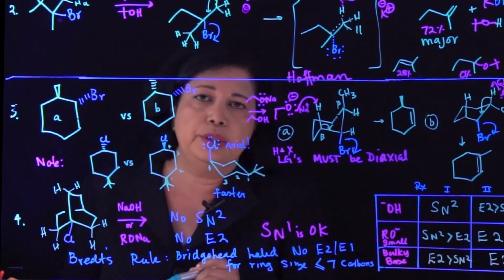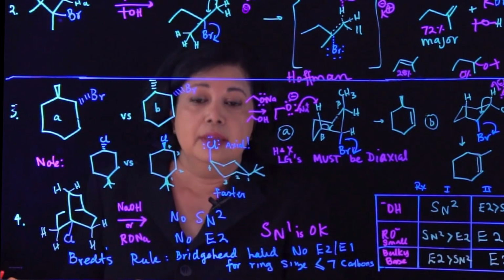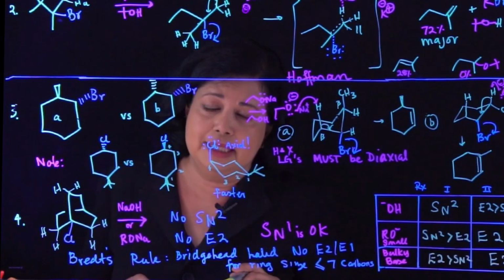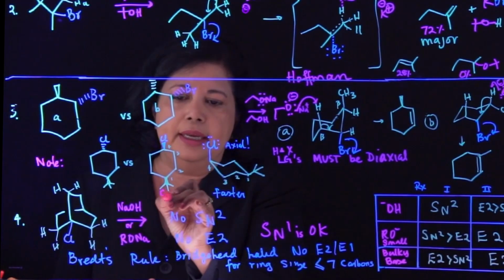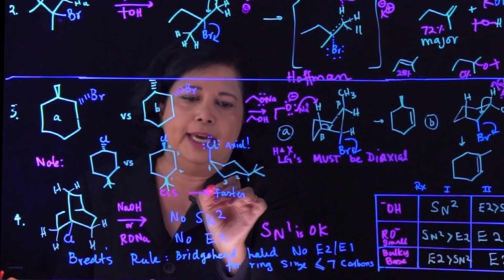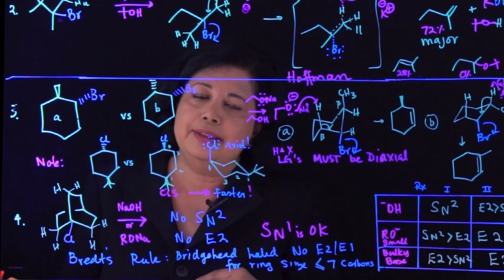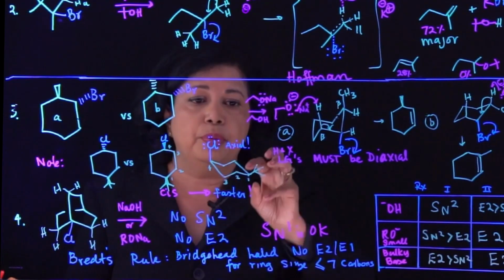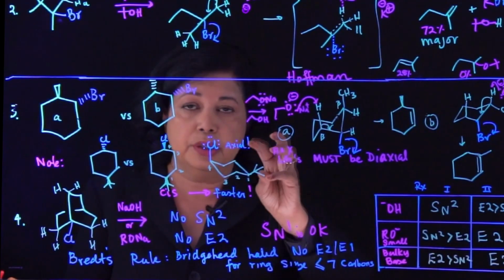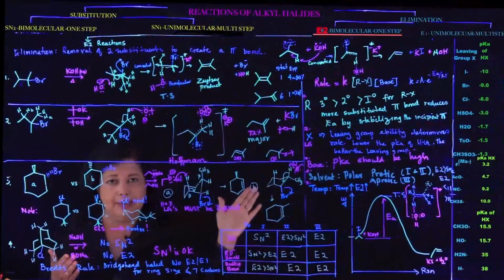You cannot do an E2 with an equatorial, at least in a reasonable amount of time. So cis, where they're both on the same side, is going to be faster. As long as you can flip this leaving group to axial and put a huge bulky group equatorial, you're good to go. It'll be fast.